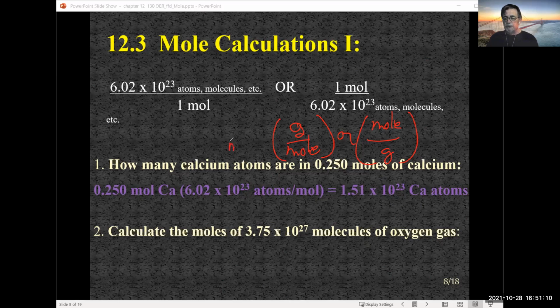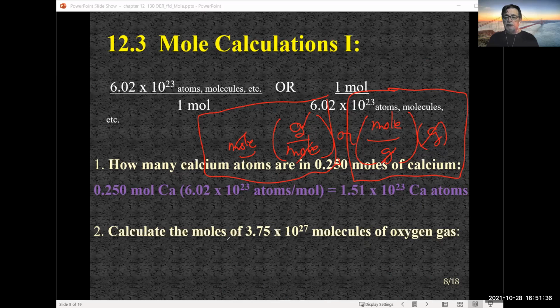So if I have moles given, I'm going to use this one here because my moles cancel to give me grams. If I have grams given, obviously I'm going to use the one on the right because my grams cancel and I'm looking for moles. See how that works? All right, next one.